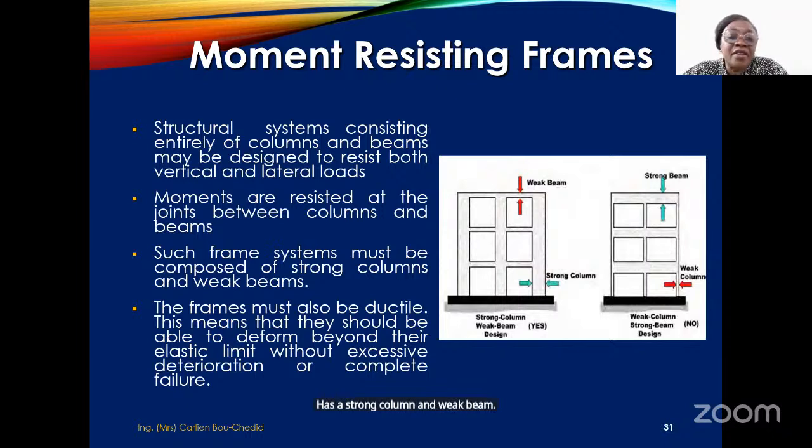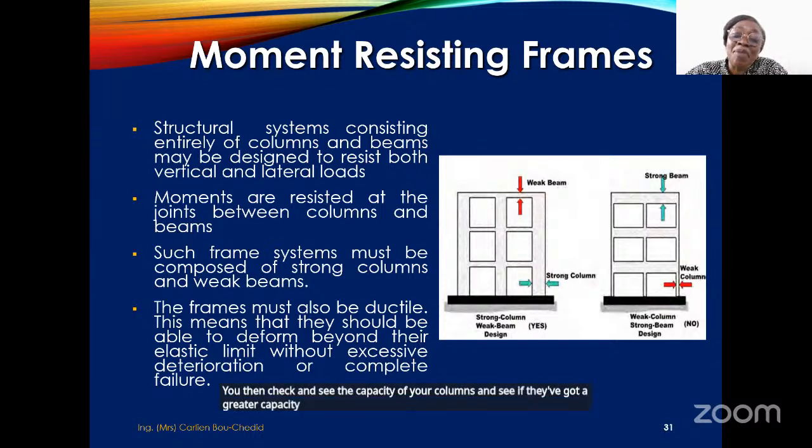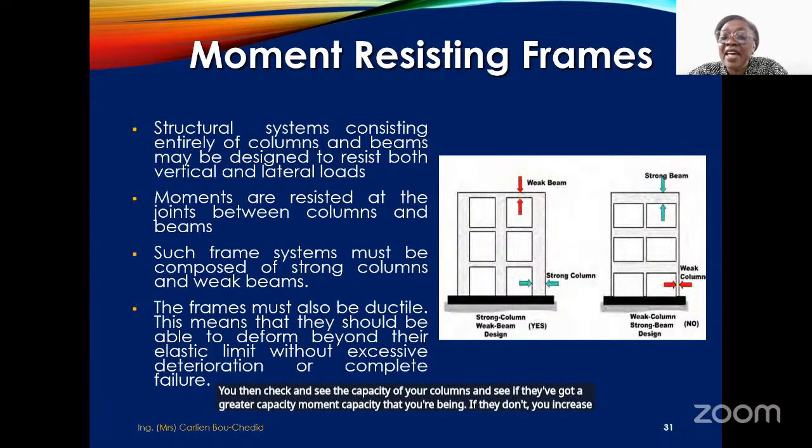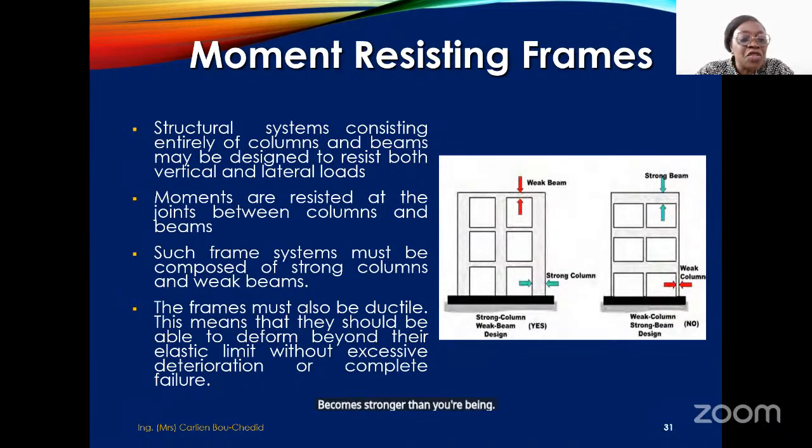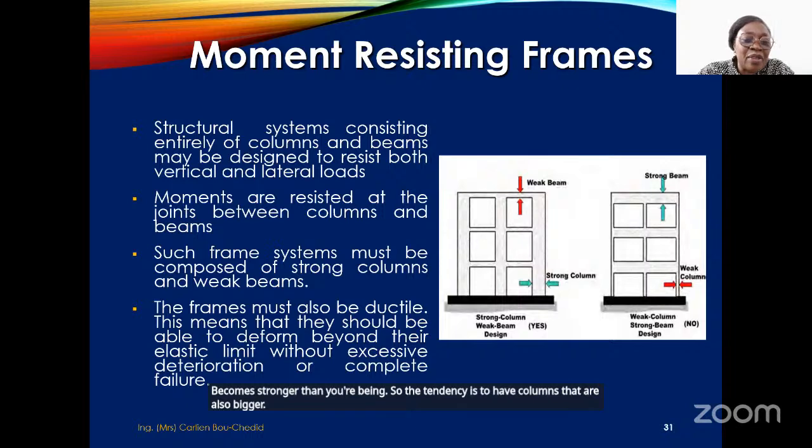To do that, after you've done your design, you then check the capacity of your columns and see if they've got a greater moment capacity than your beam. If they don't, you increase your column size or your reinforcement size, or do whatever it takes to make sure that your column becomes stronger than your beam. So the tendency is to have columns that are also bigger than the beams in seismic design.